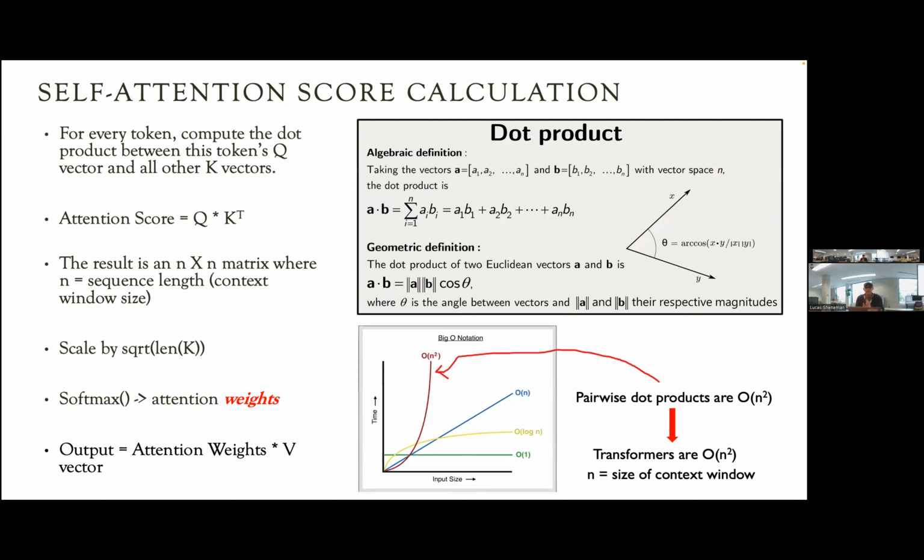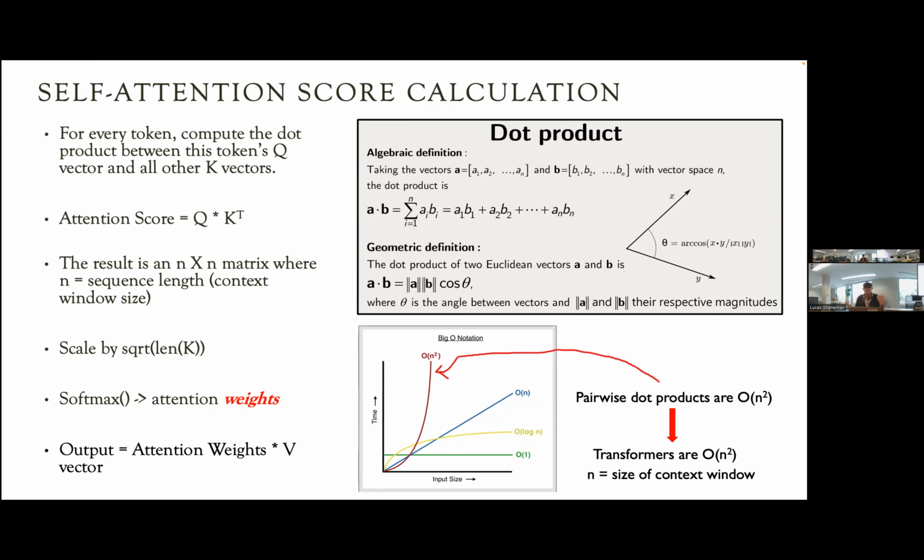And those dot products are used over and over again from every token to every other token to evaluate the query and key vectors that the attention head is tracking. So you develop an attention score by doing the dot product of a query vector and the transpose of its key vector.